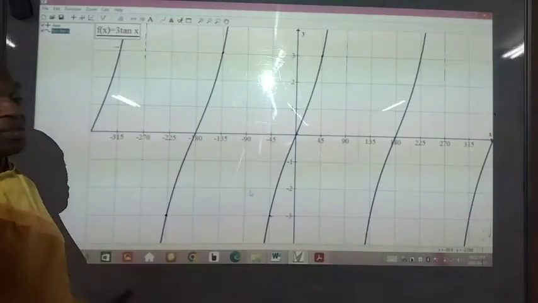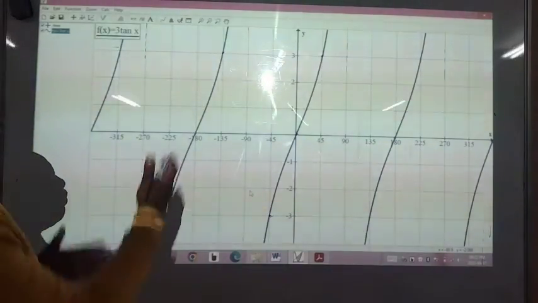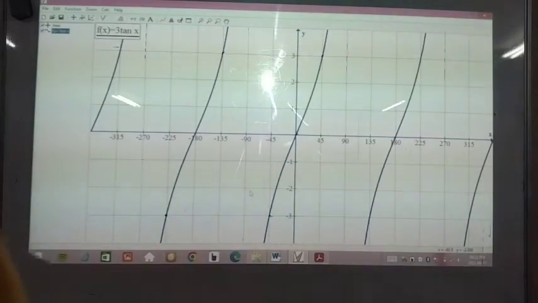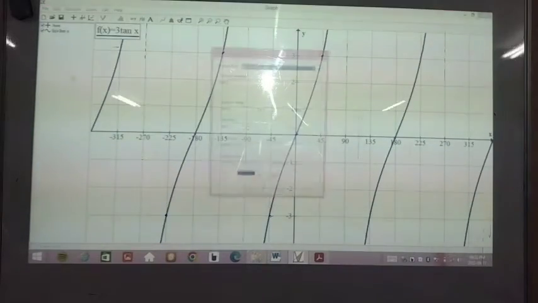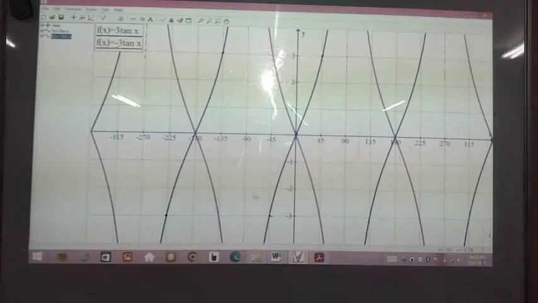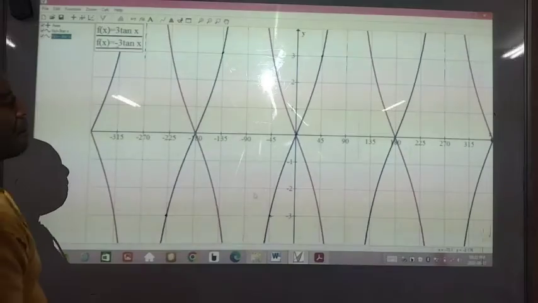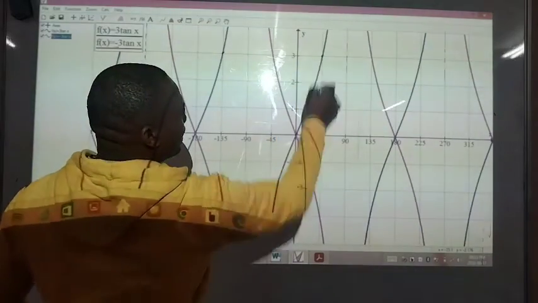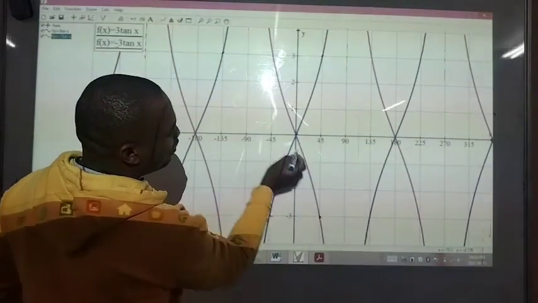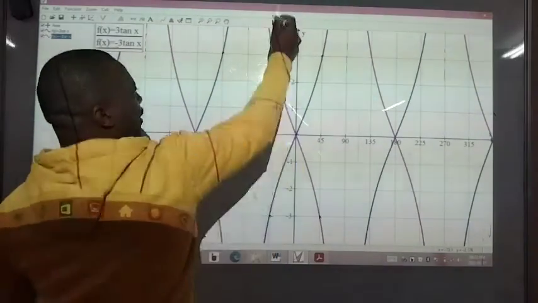So it's just knowing the 3, what effect does it cause? What's the vertical stretch it causes? So let's also check negative 3 tan x. We can see that this part of the graph is reflected to this part, and this is reflected to that.